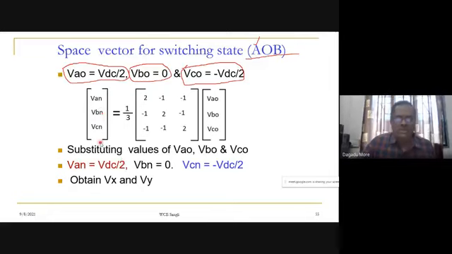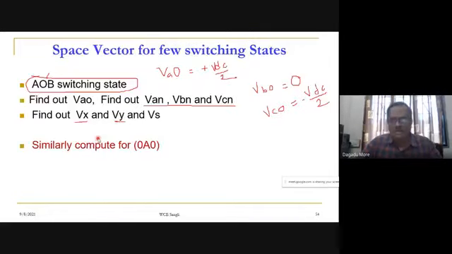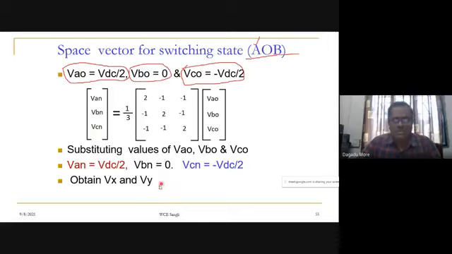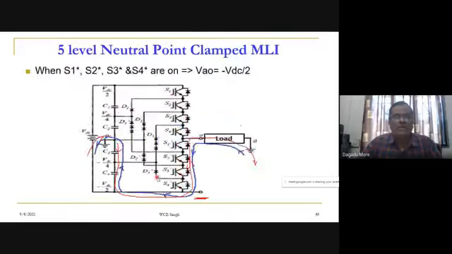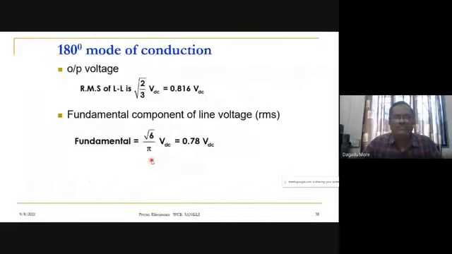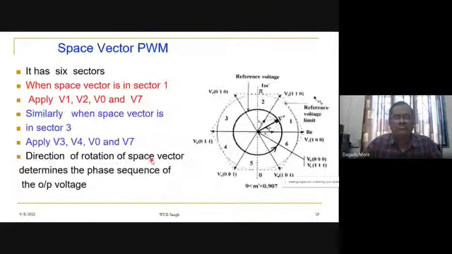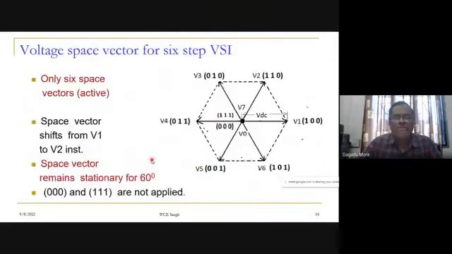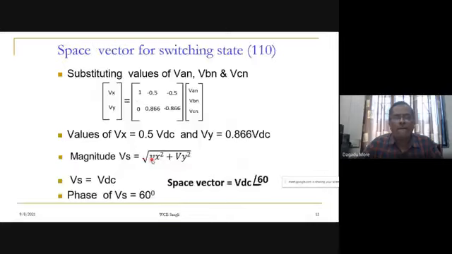And once we go to the 3, then we can have another matrix. That matrix I have not shown here, okay? So I'll just go back and show you. So once we have VAN, VBN, VCN, which are known, then 1, minus 0.5, minus 0.5, 0, 0.866, minus 0.866.